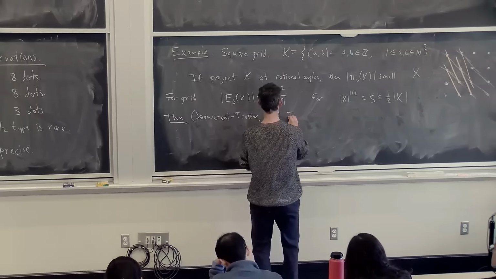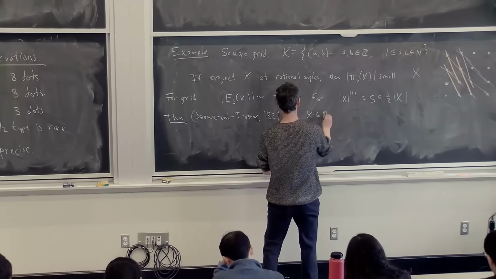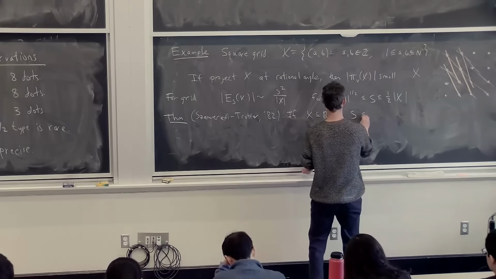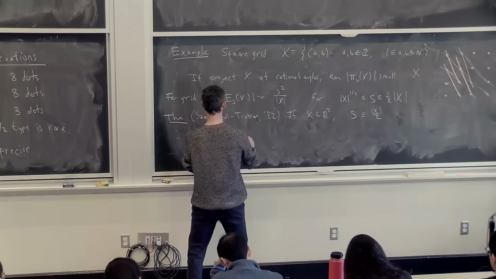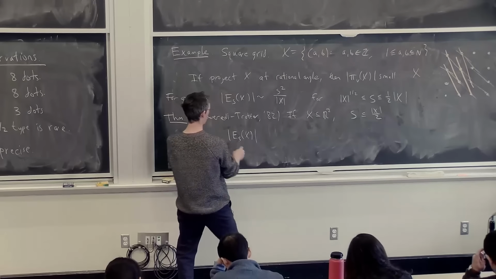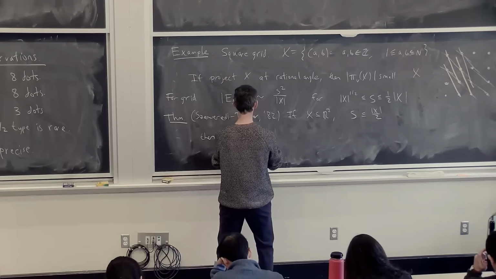So they proved that if X is in R2 and S is at most the size of X over 2, then the size of E sub S of X is at most 1 plus a constant times what you see for the grid.